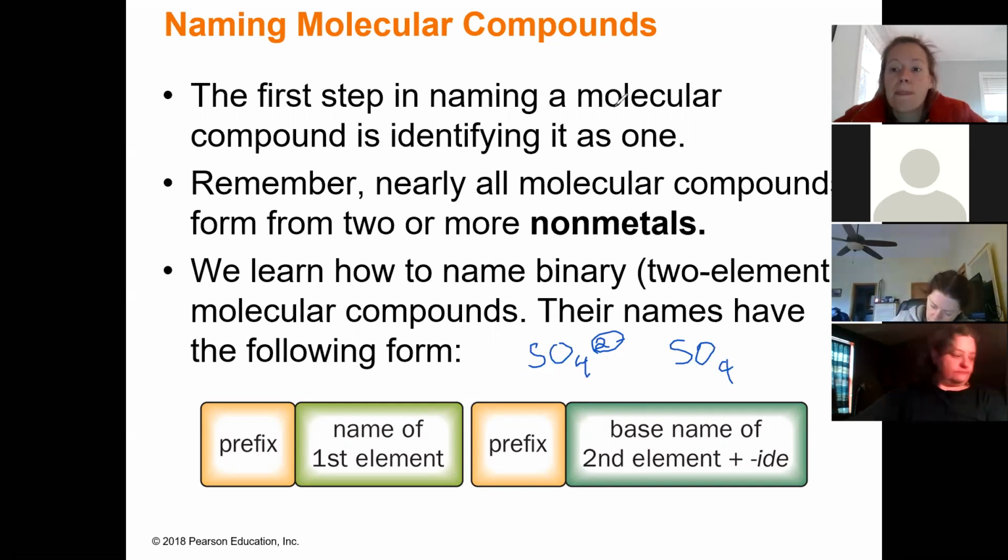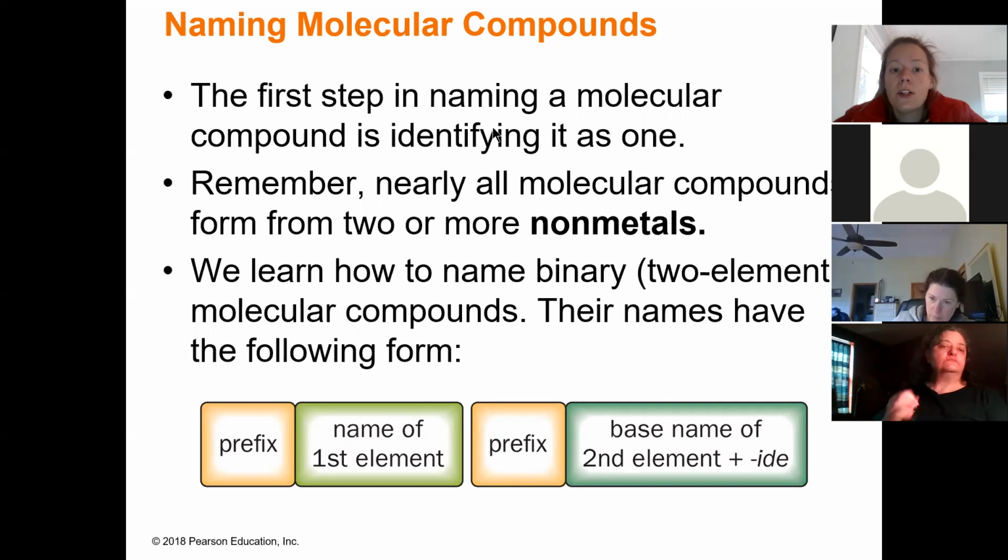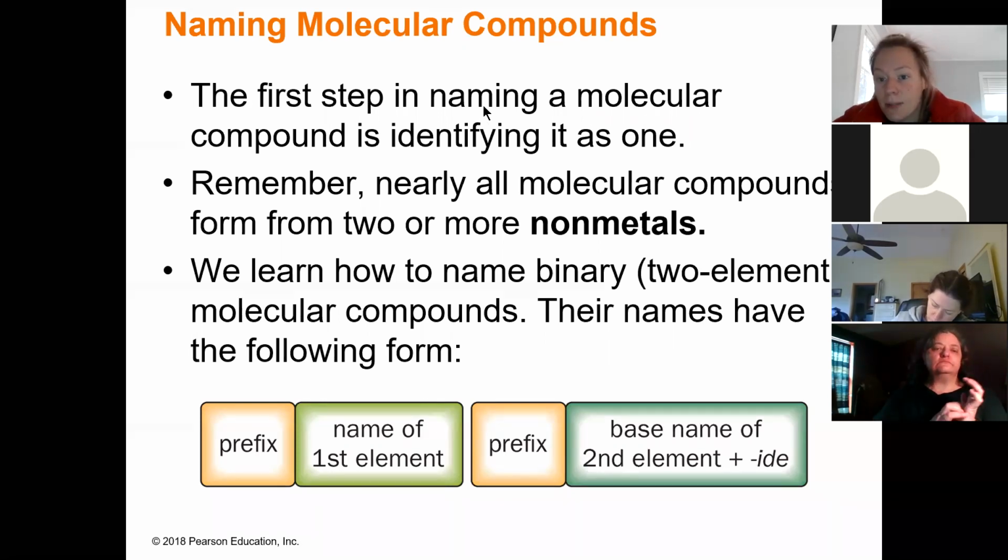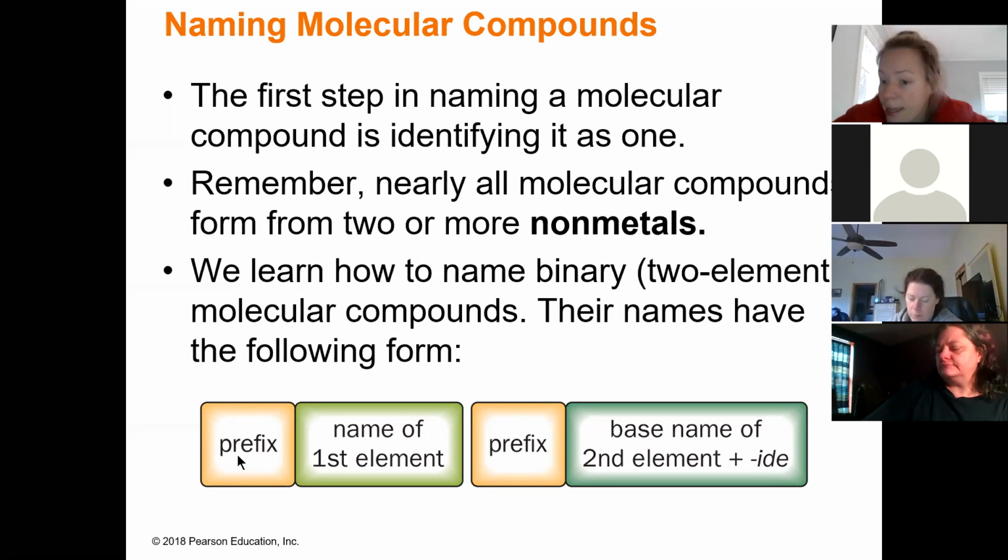So first step is determining that it's a molecular compound. It's made of 2 nonmetals. You're going to insert a prefix. There's nothing about charges here. So don't do anything with flip-flopping, no charge neutrality, nothing like that. You're going to take the name of the first element and you're going to put a prefix in front of it that tells you how many of them you have.